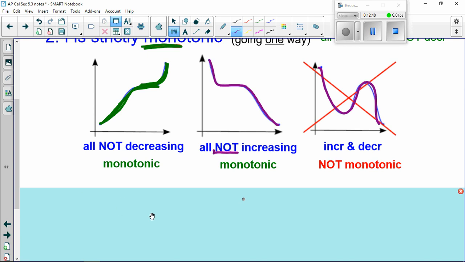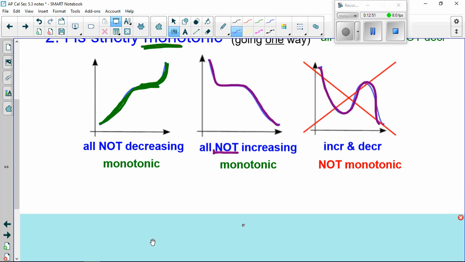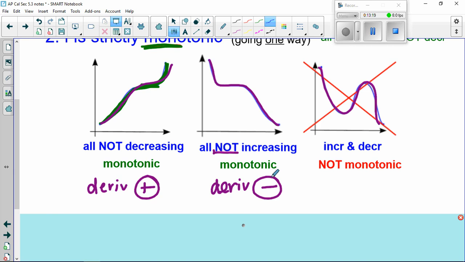The reason why we talk about this, and why this is about to be connected to derivatives, is that if this function is always going up, then our derivative is positive. If it's always going down, then the derivative is always negative, because remember, the derivative is our slope.